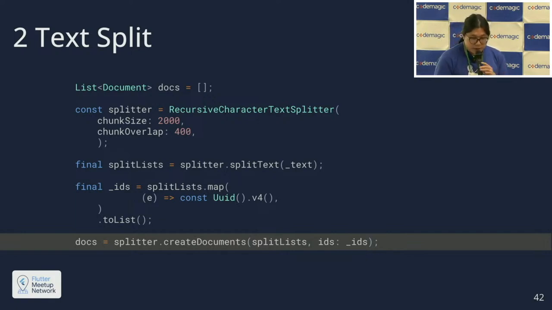The ID value is stored as a unique key attribute in the vector store. In LangChain, a document is typically composed of an ID, page content, and metadata.